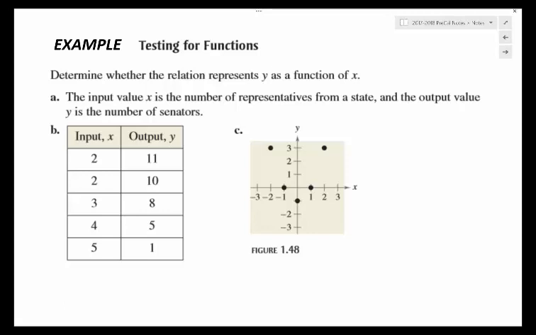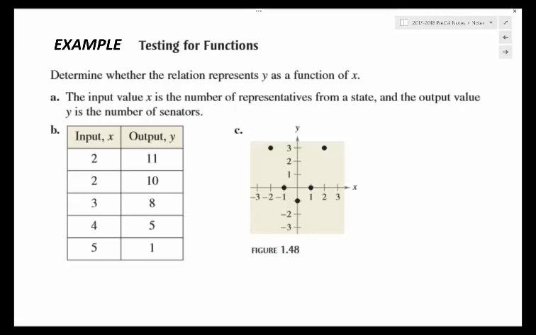So the representatives is a dependent variable, and it depends on the population of the state. For example, California has a lot more representatives than Rhode Island. Rhode Island is probably not even the size of Houston, whereas the number of senators is independent simply because the Constitution says there are two.